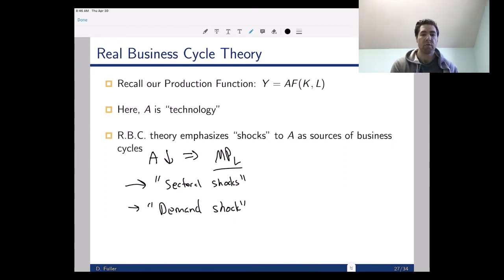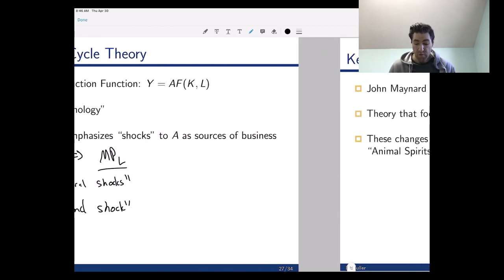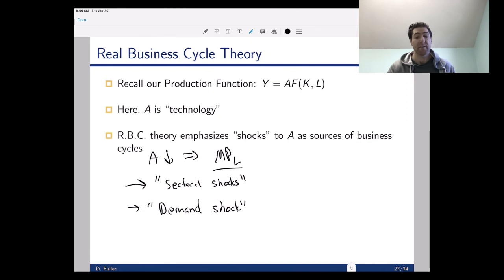So that's the idea of real business cycle theory: to focus on the decrease in the marginal product of labor and to hypothesize that it comes from a change in our ability to combine capital and labor to produce output. All right, so up next, we will have a look at our Keynesian theory of changes in labor demand.